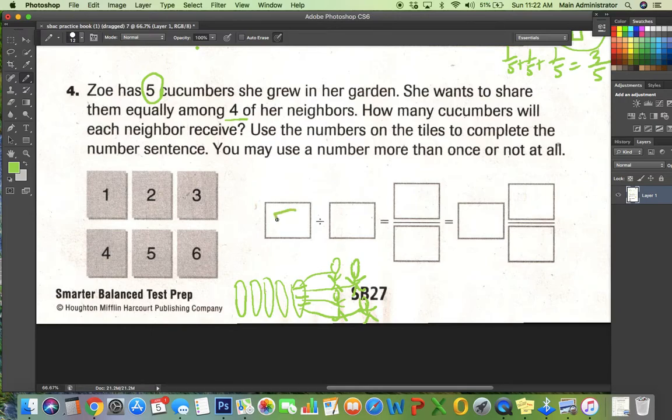Or I would take my 5, divide it by 4, which means that if I was looking at a division problem, the first number would go on the inside and the second number would go on the outside. But if it was a fraction, the first number would go on top, the second number on the bottom, 5/4. And that would reduce: I would pull a 4 out, 4 over 4 would give me 1 whole and then 1/4 left over.